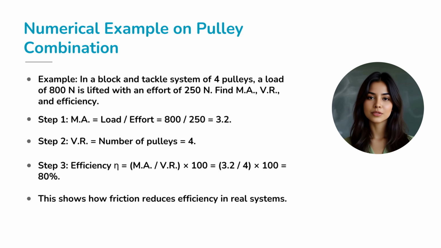Step 3. Efficiency equals mechanical advantage divided by velocity ratio, multiplied by 100. That is 3.2 divided by 4 multiplied by 100, which gives 80%. This calculation shows that the system is not perfectly efficient because friction reduced its performance. But still, it makes lifting much easier compared to direct effort.